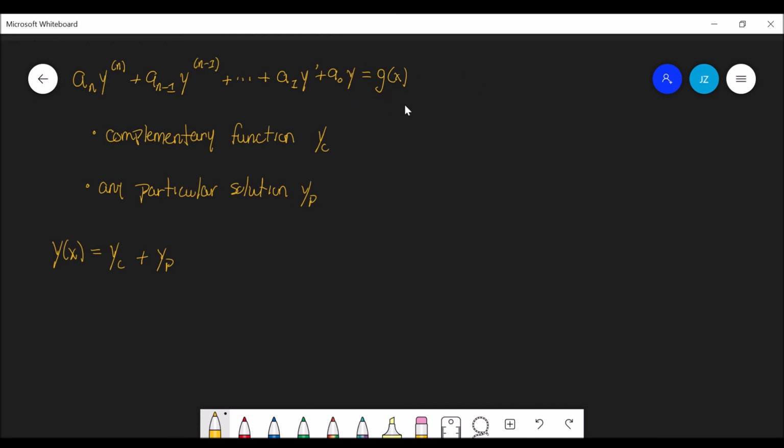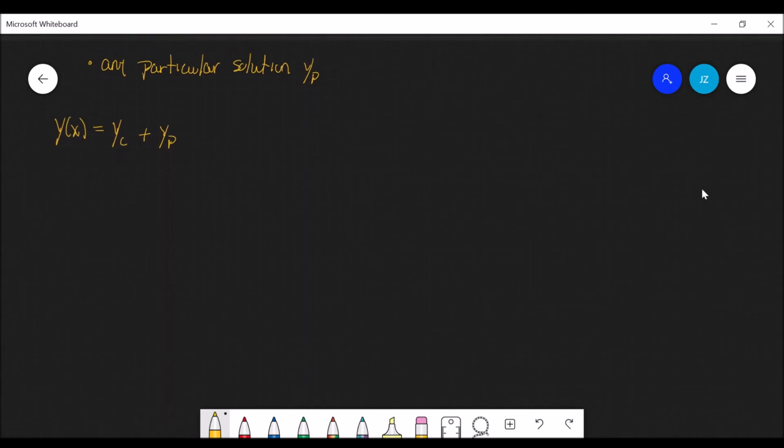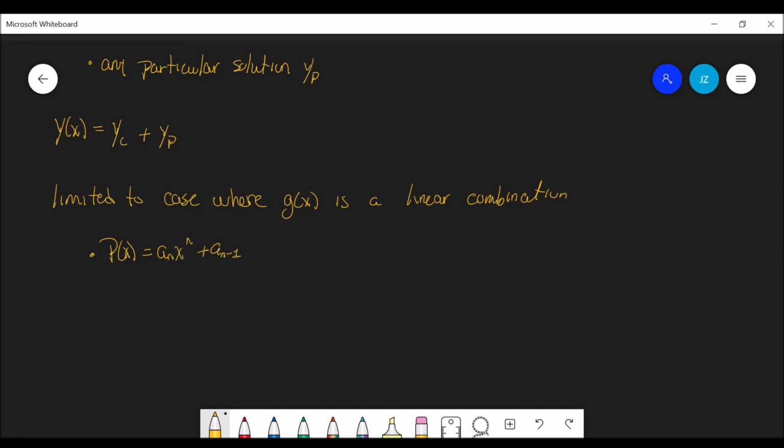Now, this method is limited to linear differential equations with constant coefficients and where g of x is a linear combination of the following functions: a polynomial function p of x of the form a sub n x to the n plus a sub n minus 1 x to the n minus 1 plus and so on, down to a1 x plus a naught.